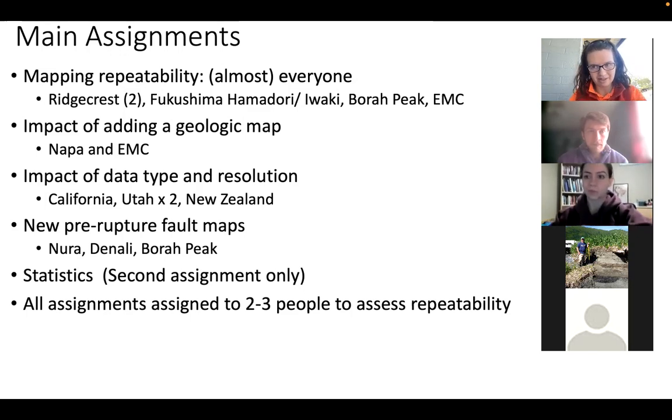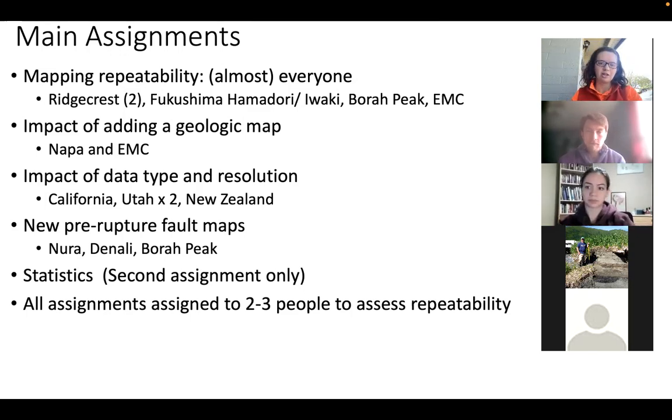So for this assignment, you have a couple kilometers of fault length in different areas, including the Ridgecrest earthquake, Fukushima Hamadori in Japan, which is also sometimes called Iwaki, Borah Peak in Idaho, and then El Mayor-Cucapah in Mexico.